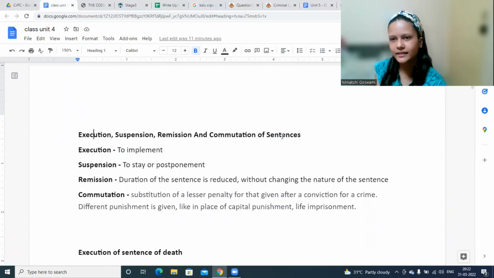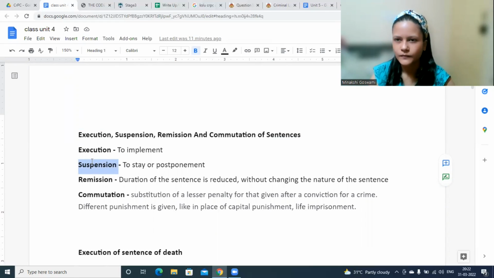That is nothing but execution of sentence. So execution of sentence may be applicable for capital punishment, life imprisonment, imprisonment for different years, fines, whatever punishment the court has given. Okay, is it clear? Execution? Yes, madam.